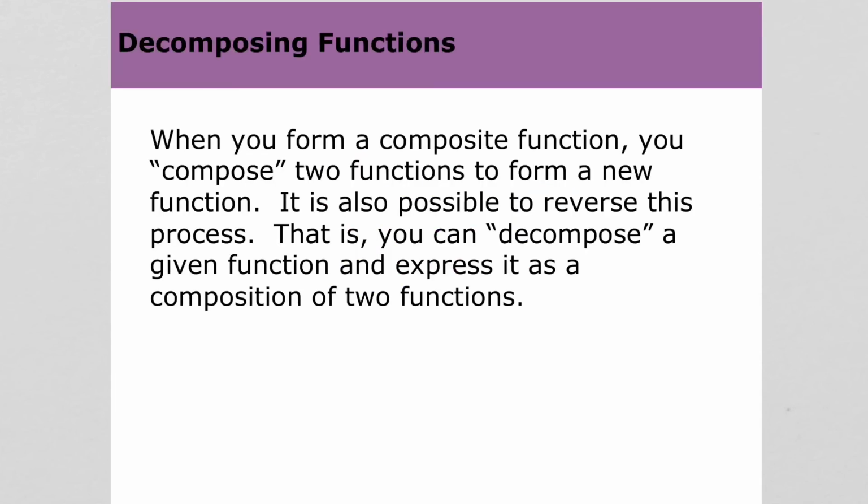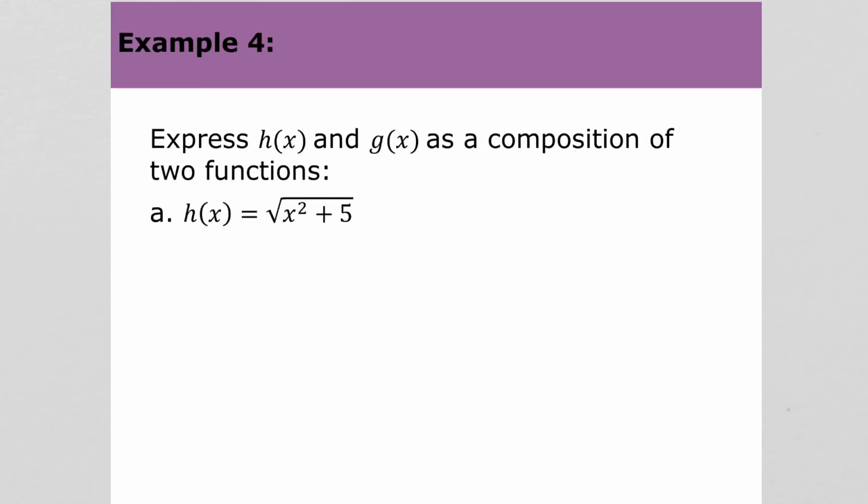How do you decompose functions? It's not as hard as it sounds. So, if you're going to decompose functions, then we're going to take this function and I'm going to change it into f of x and d of x. Just picking a letter there.